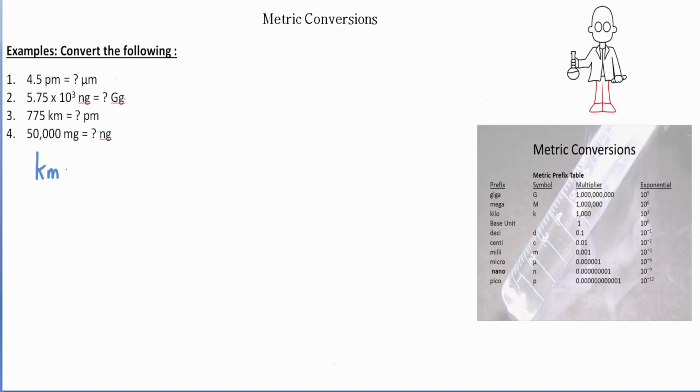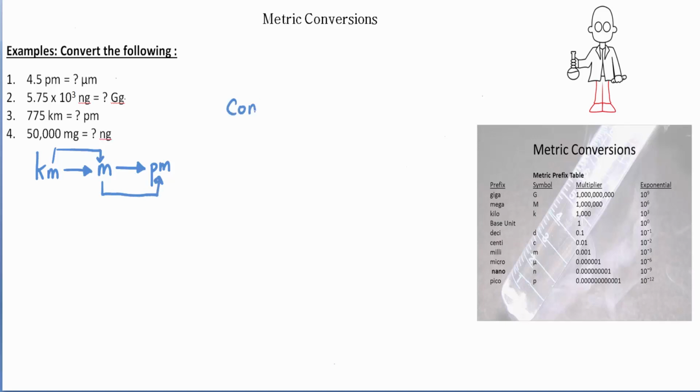In order to do that, we must go from kilometer to meter, and from meter to picometer. So this is a two-step conversion, and we will need two conversion factors.